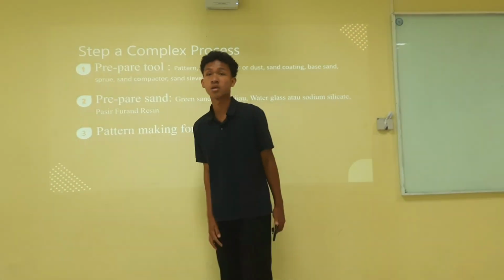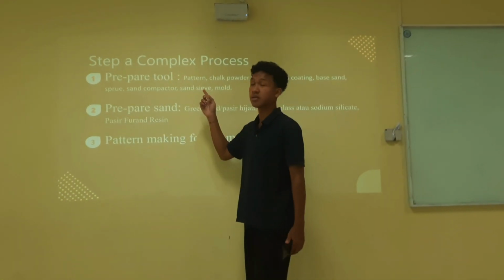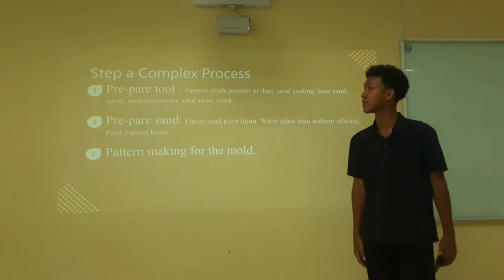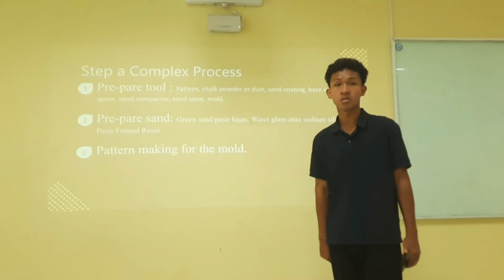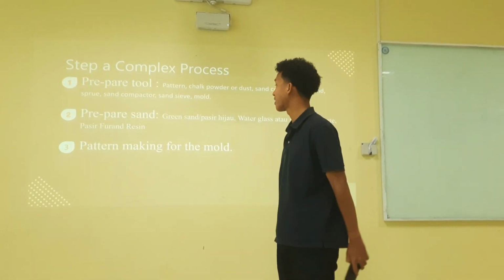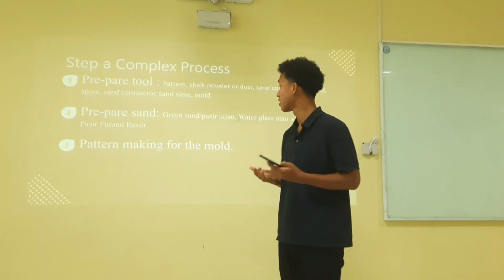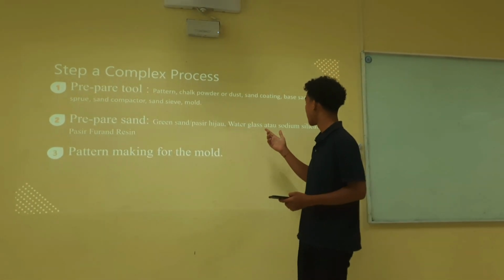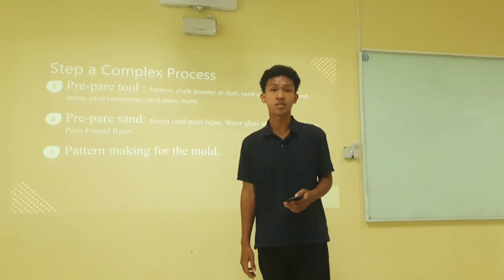One, prepare the tools, like the pattern, chalk powder or dust, sand coating, basic sand, sprue, sand composer, sand sieve, and mold. Two, we prepare sand for selection, like green sand, water glass or sodium silicate, and fluorescent sand.